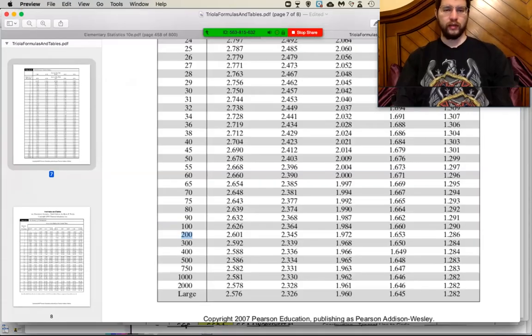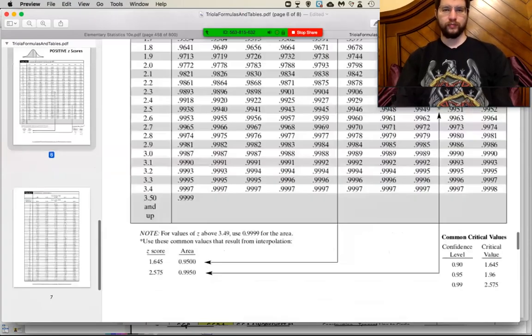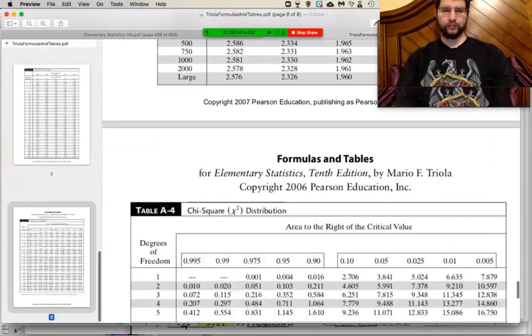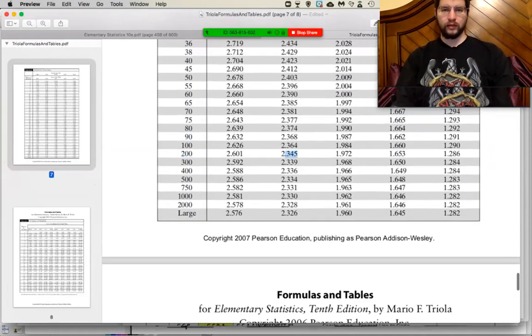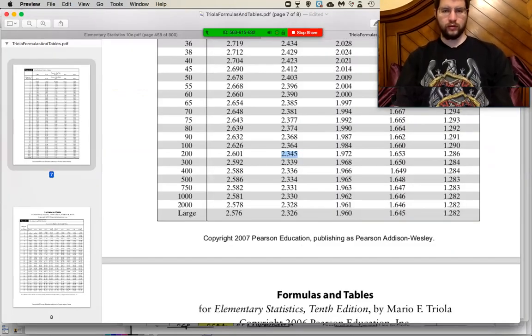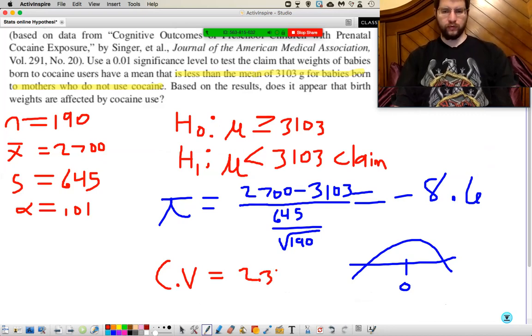0.01 in one tail, that's the second column. So 2.345 is my critical value. However, it's a left tail, so we have to make that negative.